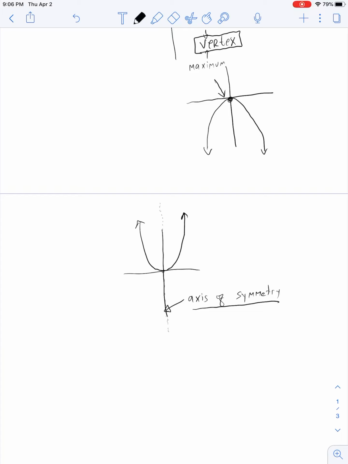And this axis of symmetry is like a mirror. You can fold your graph and the graph will overlap. So the axis of symmetry will always be found in a quadratic function, and it's always going to be an equation. The equation will always be x equals the x value of the vertex.